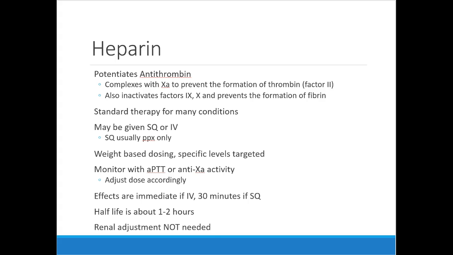Weight-based dosing, specific levels are targeted. Monitoring, we can monitor with APTT levels, anti-10A activity, and then adjust the dose accordingly. So if one of your patients gets admitted to the hospital with a DVT or PE and they're on heparin, what happens, if you've worked in at least a moderately acute hospital as a nurse, you know this already.